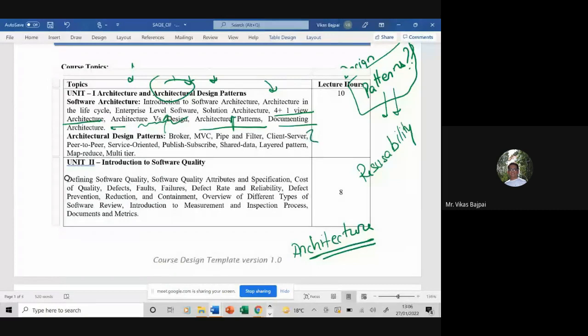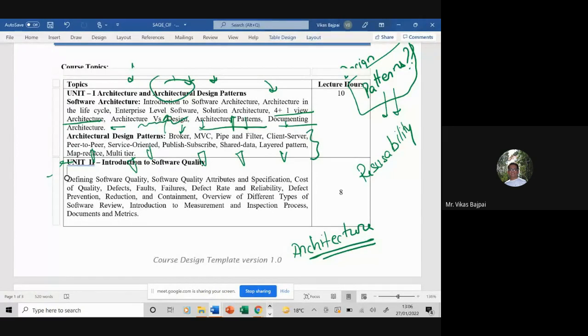Then this part is very interesting. We'll talk about the broker pattern, MVC pattern, pipes and filters, client server, peer to peer, service oriented, publish and subscribe, shared data, layered pattern, map reduce, and multi tier architectural pattern. All these things we'll cover in our coming classes.